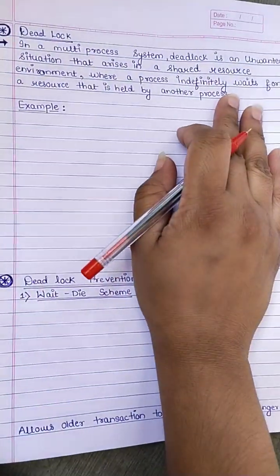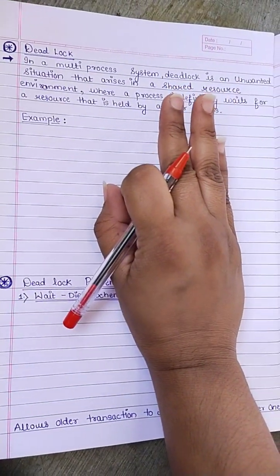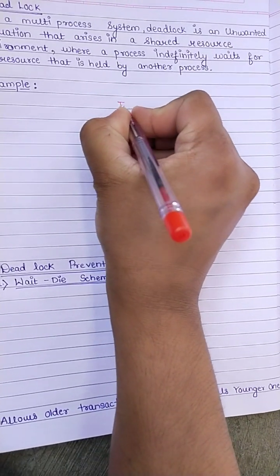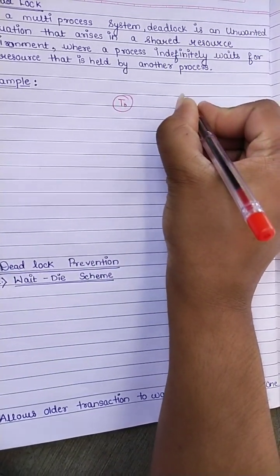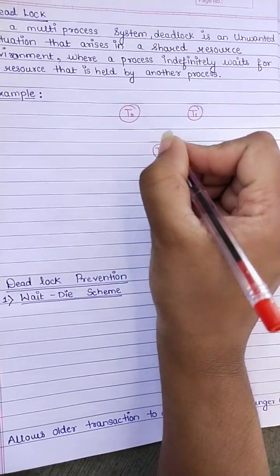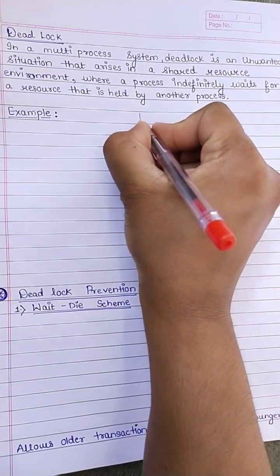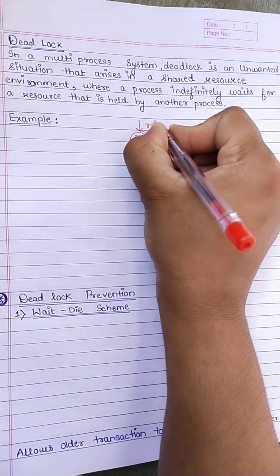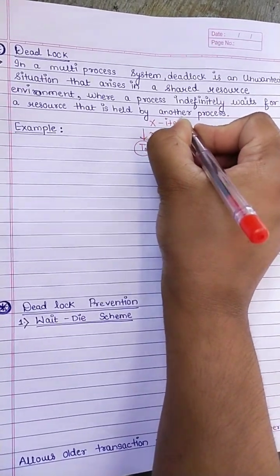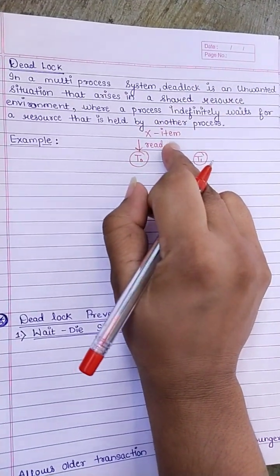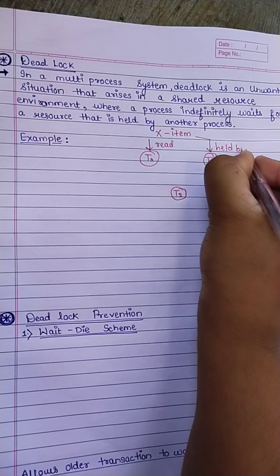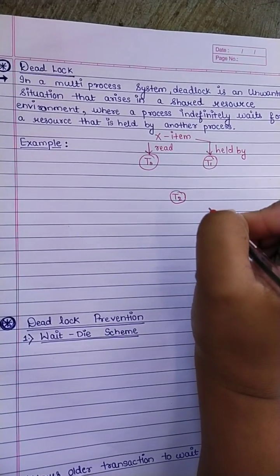Okay, let's see one example. Suppose we have three transactions, T0, T1 and T2. Now T0 wants to read data item X. This data item is held by the T1 transaction.